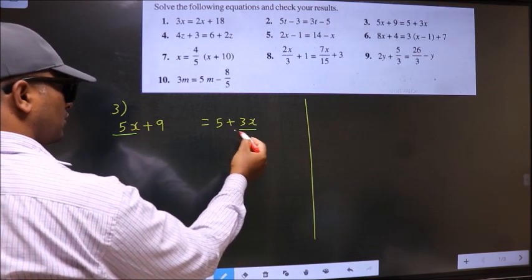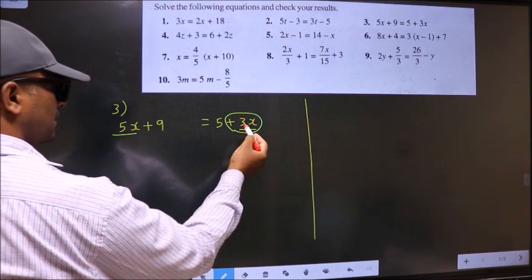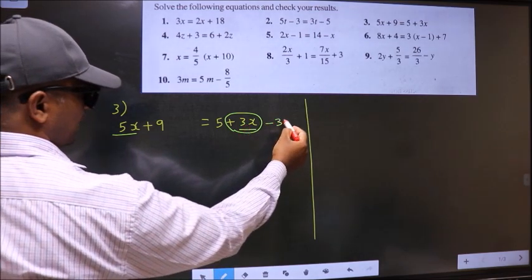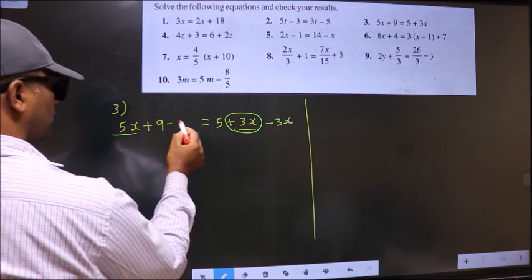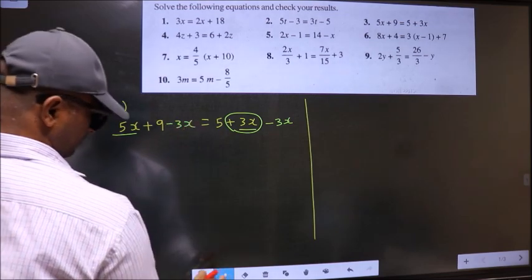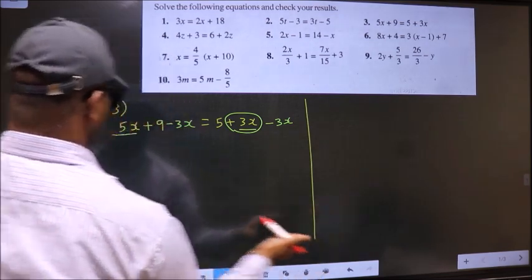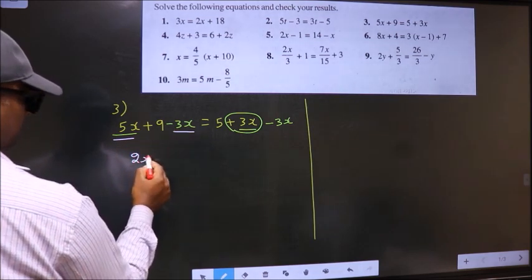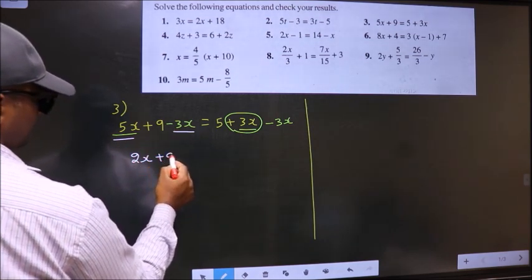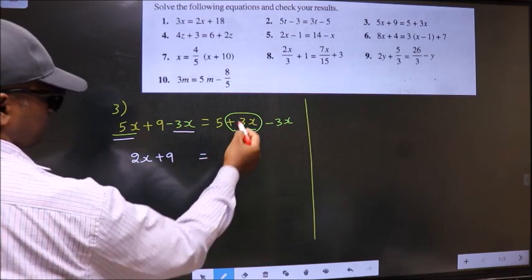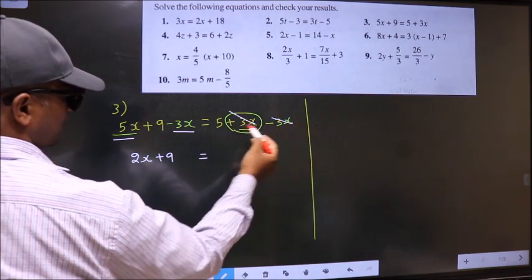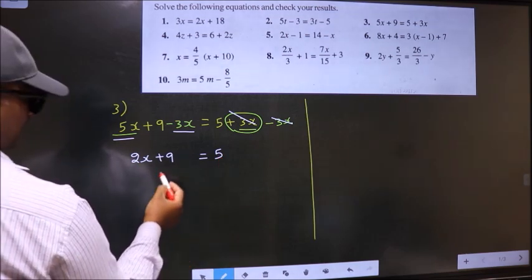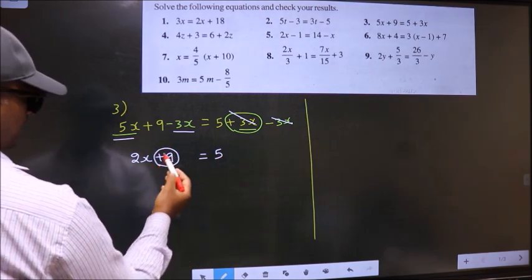So now we should remove plus 3x from this side. So to remove plus 3x, you subtract 3x on both sides. So here 5x minus 3x, we get 2x plus 9 as it is equal to, plus 3x minus 3x cancel out, you get 5.